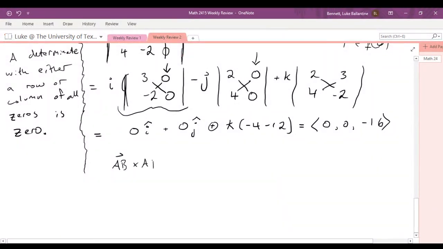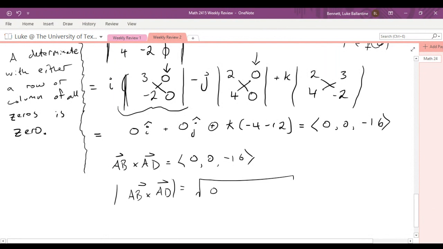Now to find the area of the parallelogram, I need to take the magnitude of this vector. And so I have the square root of 0 squared plus 0 squared plus negative 16 squared. That's equal to 16.